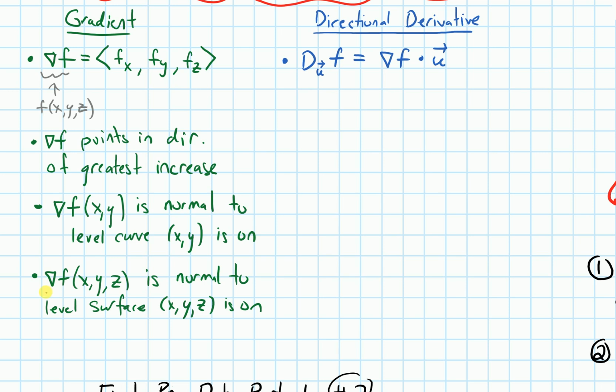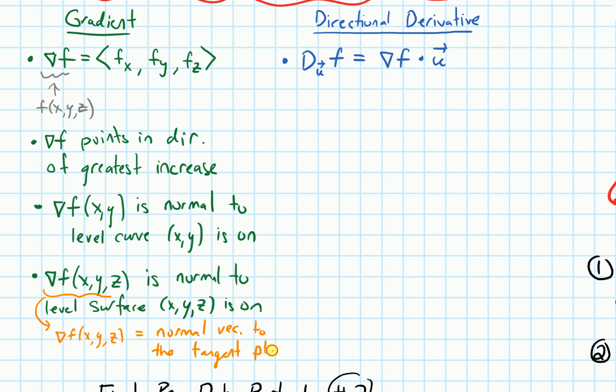And what that would mean is that the gradient vector here, for a function of 3 variables, is going to be a normal vector to the tangent plane.